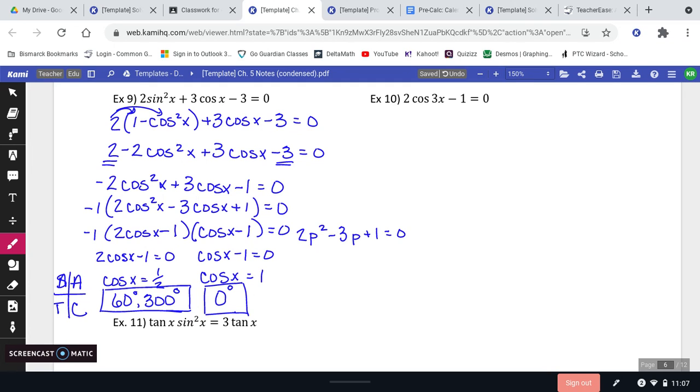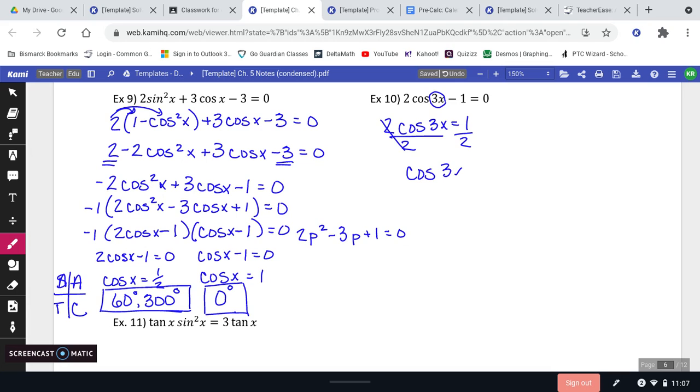Okay, number 10. Okay, this one is not a quadratic, so we're not factoring. It's just a cosine to the first power. Now, there is this 3x here, and we'll talk about that in a second. So what we're going to do is move the 1 to the other side, and then I'm also going to divide by 2.